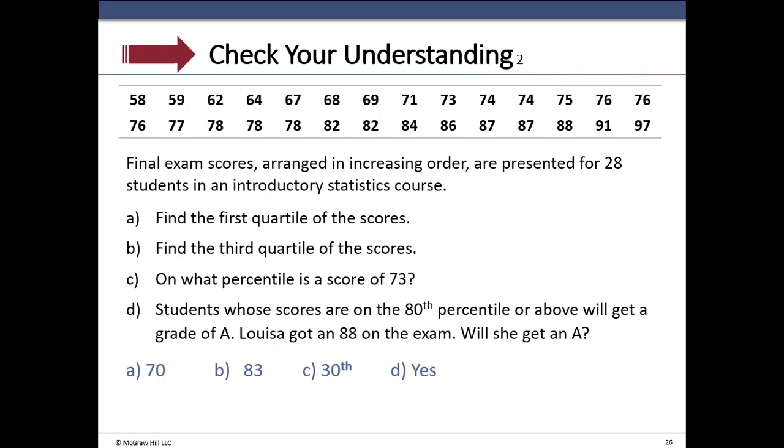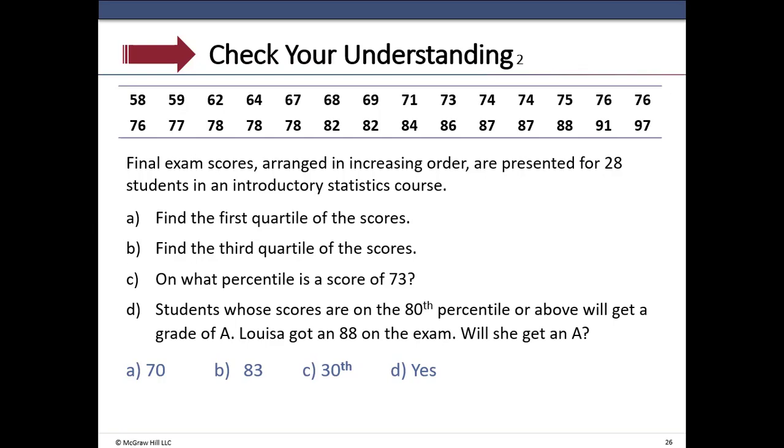So if she got 88 on the exam, 25 numbers are below 88. So 25 plus 0.5 is 25.5 divided by 28 and multiplied by 100 is the percentile position. So for 88, the percentile is 91.